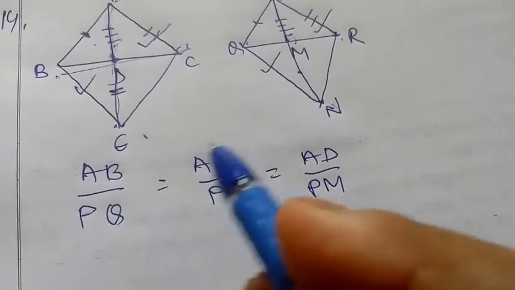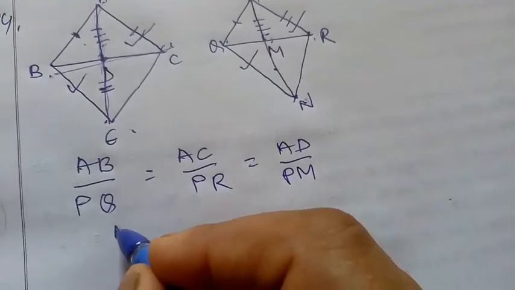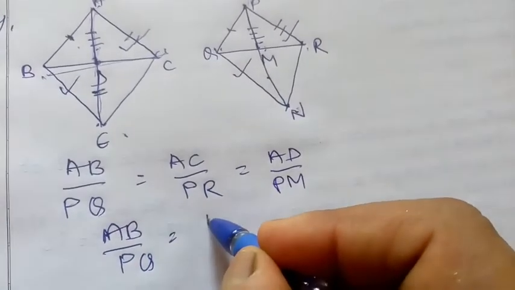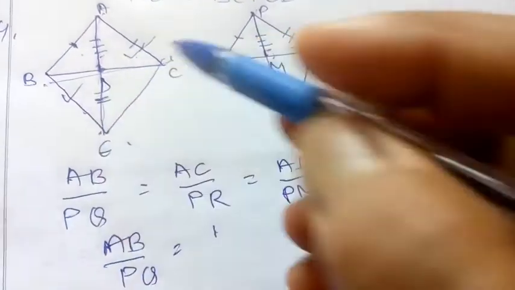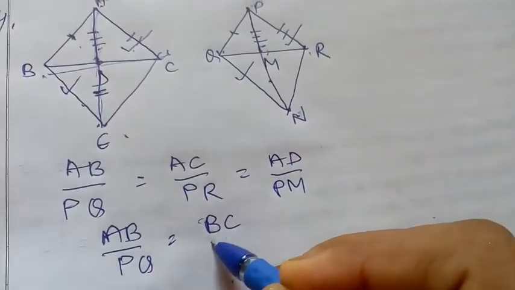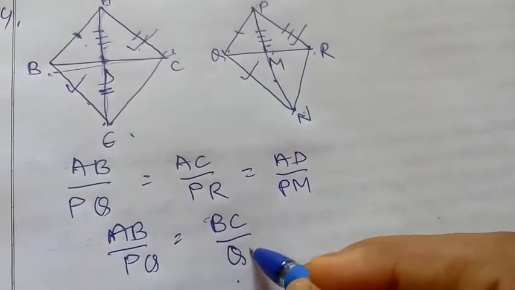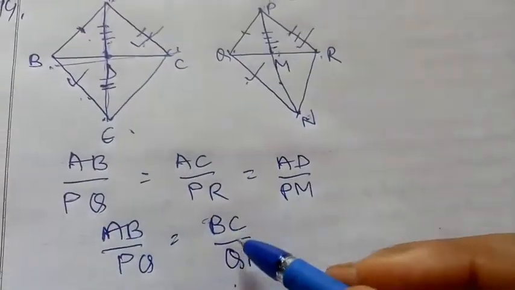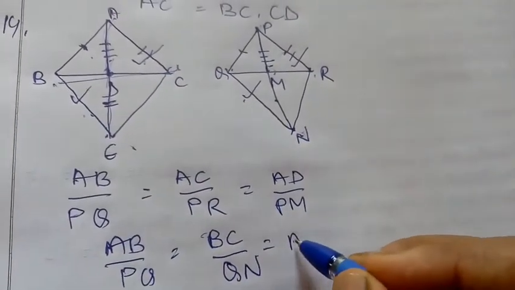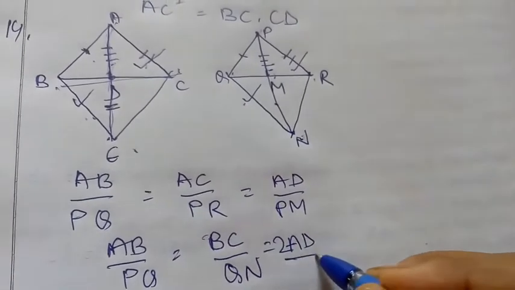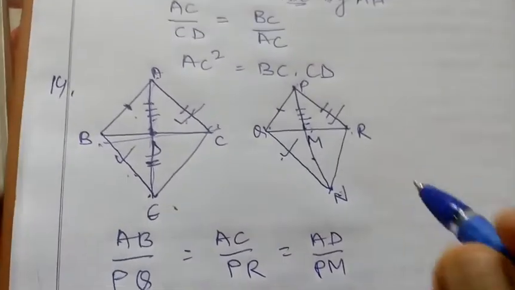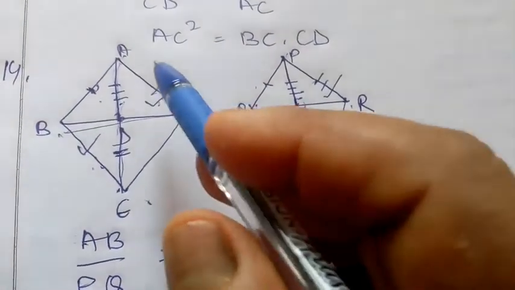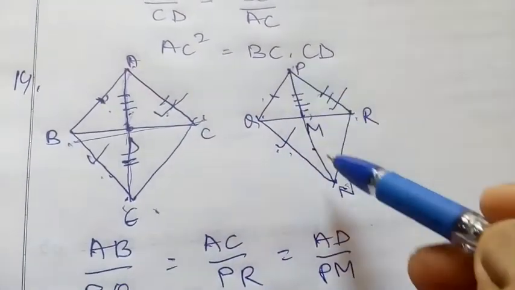These are given: AB upon PQ, AC upon PR, and AD upon PM. AC equals BE and PR equals QN, so BE upon QN, and 2AD upon 2PM. See, AB upon PQ equals BE upon QN equals AE upon PN.